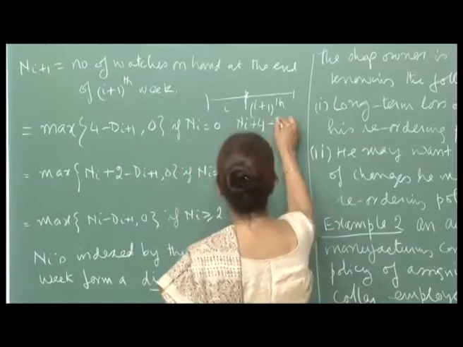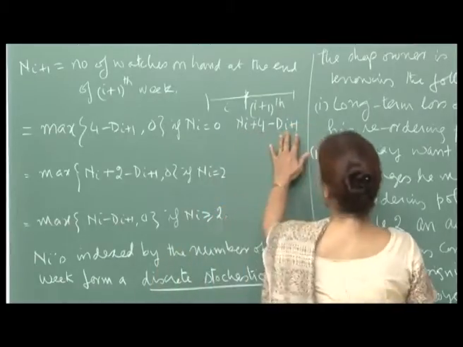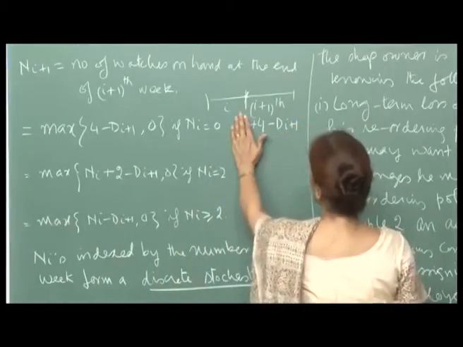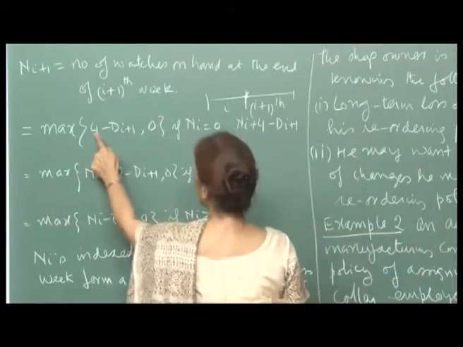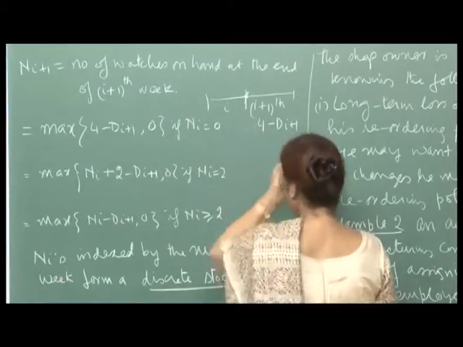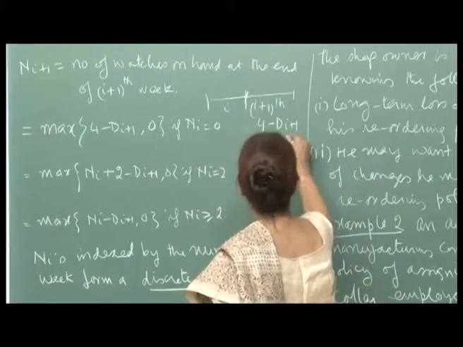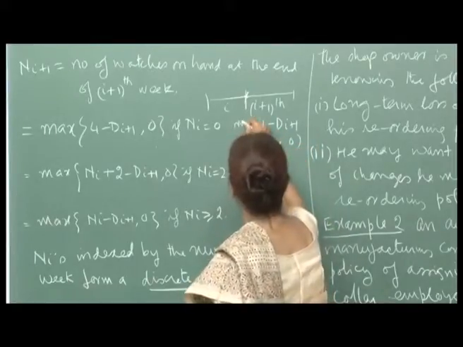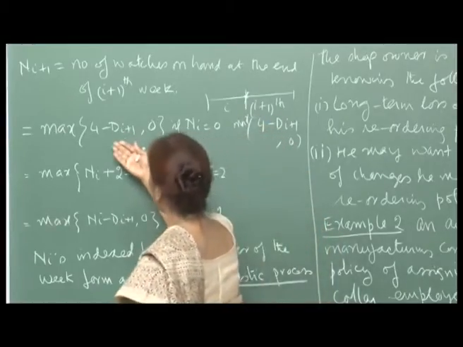So, you would meet the demand, and since Ni is 0, you will actually have 4 watches on hand, and that is why I have written 4 here. So, actually it will be 4 minus Di plus 1, and if your demand is more than this, then of course you take the max of this, because you can't have a negative number of watches.